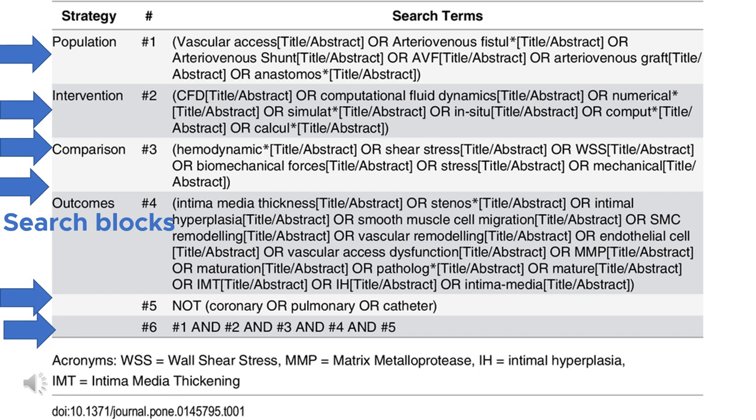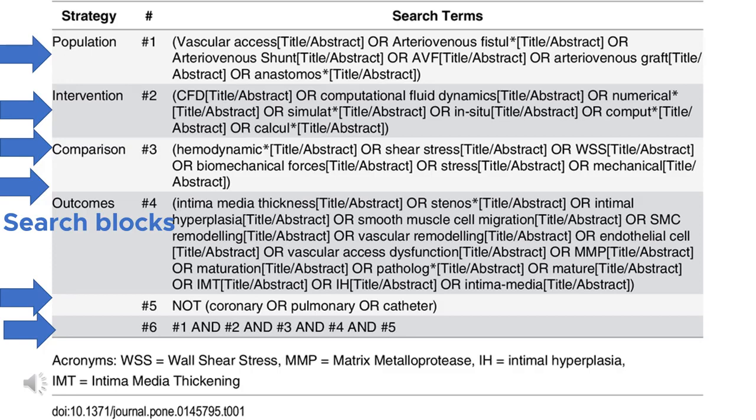What that means is, here, one block is reserved for the population, which is the people you want to investigate. So here, that's people who have a shunt in their heart, or a fistula, or a graft. And the intervention is computational fluid dynamics. I do not know what it means in any manner.